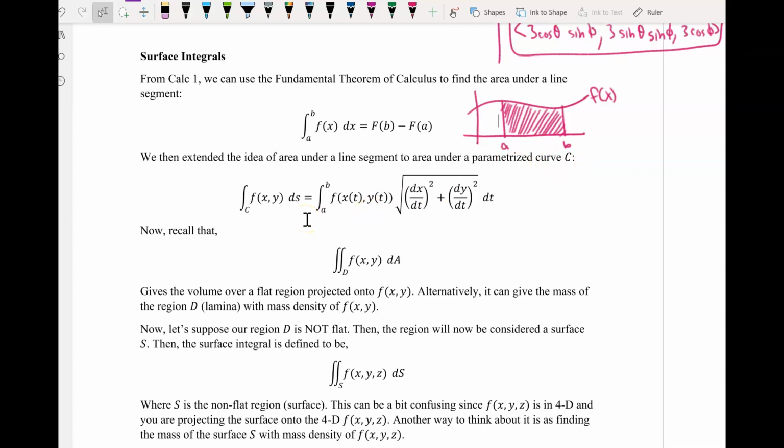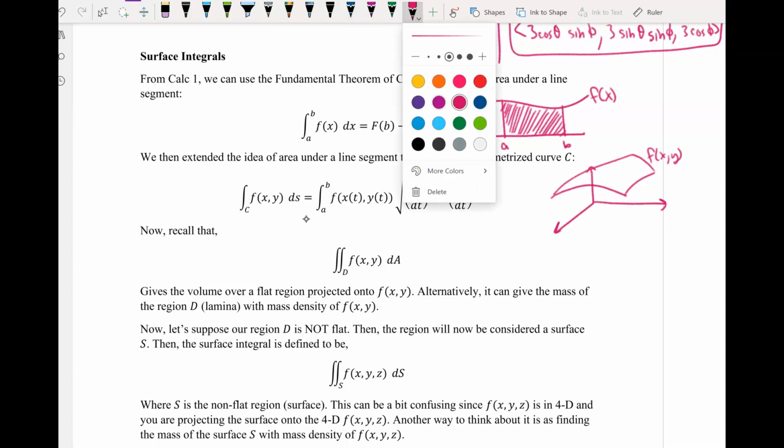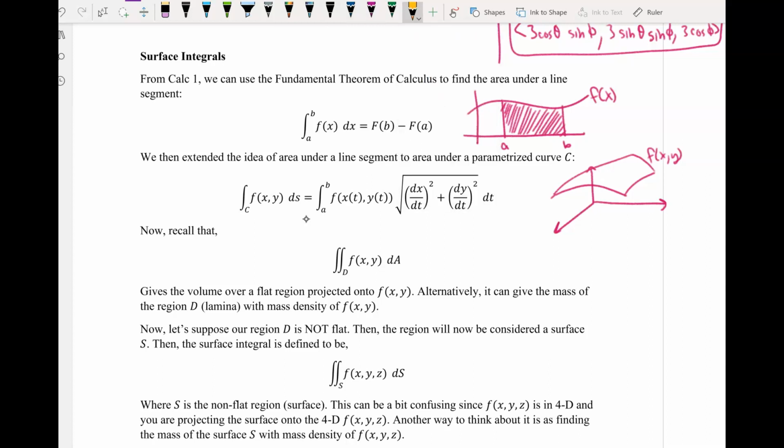So now let's say if I have a function f of x comma y comma z, and we don't want to find the volume underneath this particular f of x comma y comma z, but instead we want to find the area underneath a curve, then we can definitely do that.